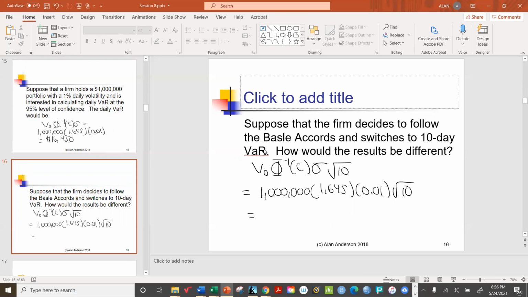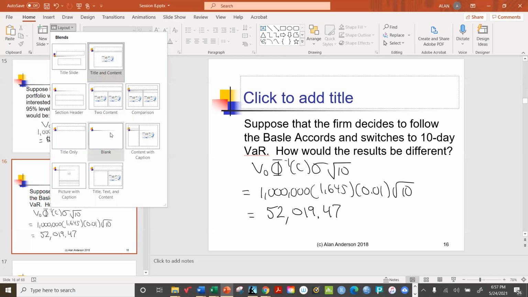Okay, so let's see what that would be. 52,000, $19.47 over 10 days instead of 1 day.